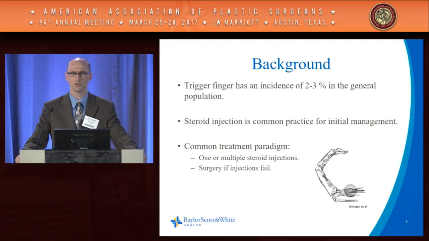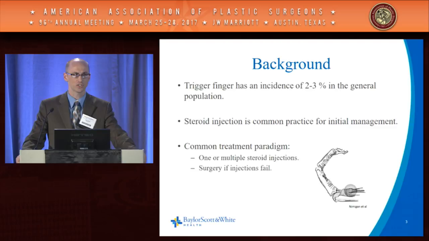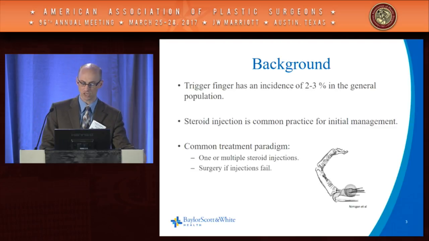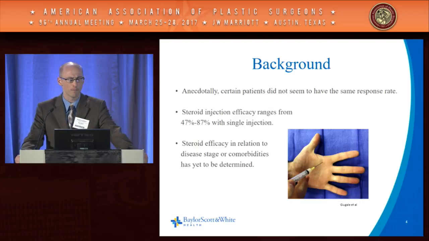Trigger finger has an incidence of 2 to 3% in the general population. Steroid injection is common practice for initial management. Common treatment paradigm consists of 1 or multiple steroid injections followed by surgical release if injections fail. Anecdotally, though, it seems that some patients fare much better with steroid injection.